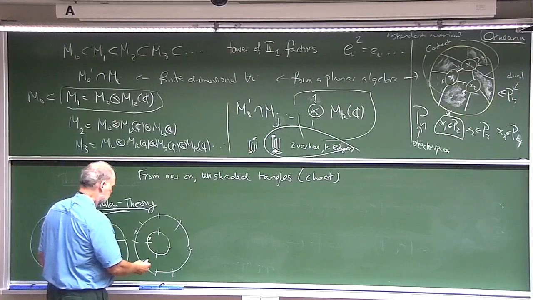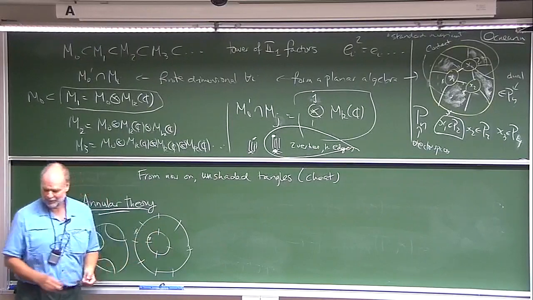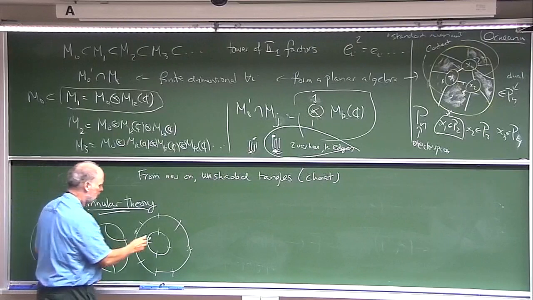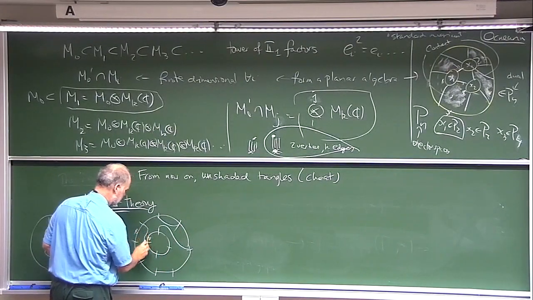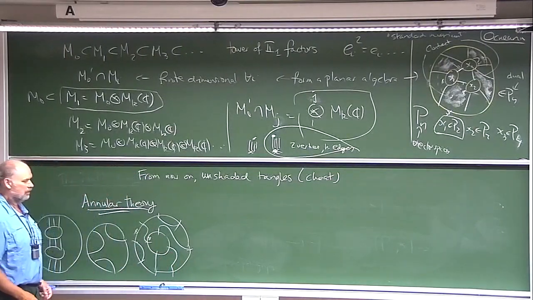So here's an example of one of these annular tangles. Let me make my strings blue. I might go there, there, there, there, there, and there. Okay, so that's an annular tangle.